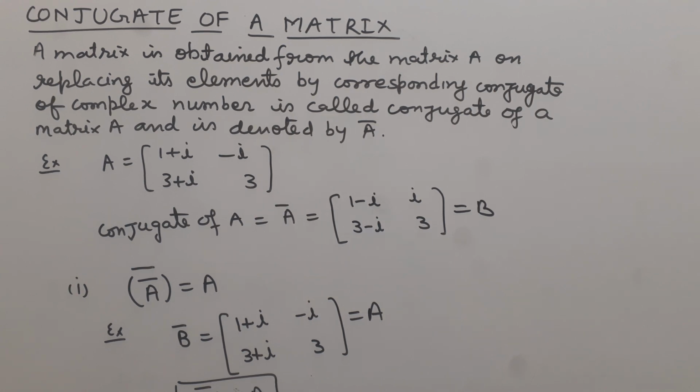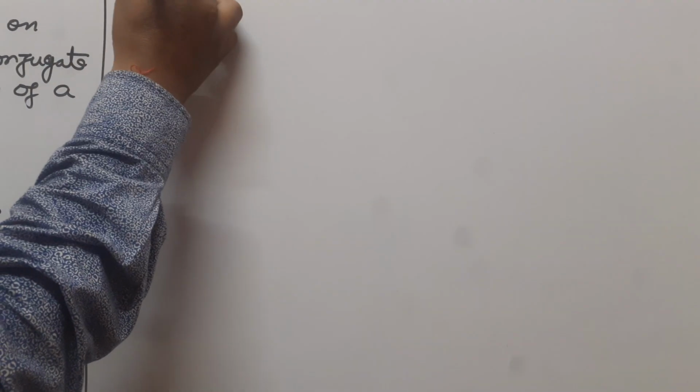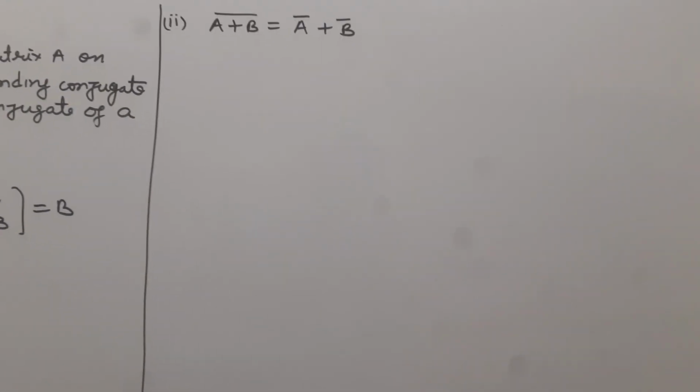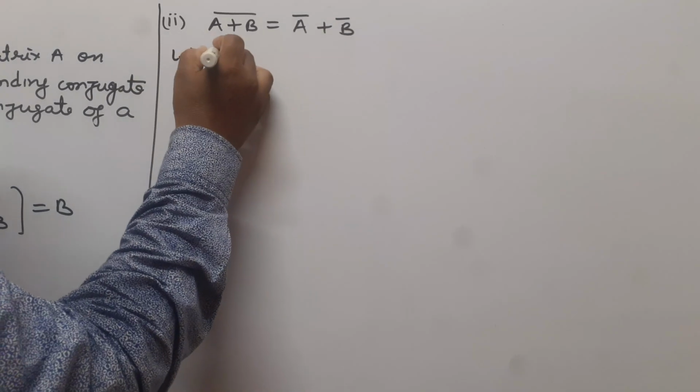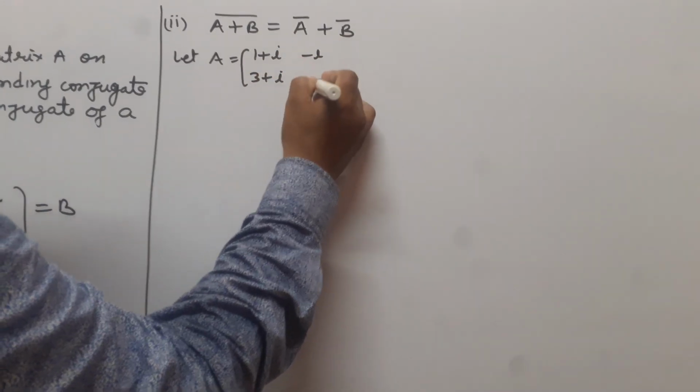Now we learn about some other properties. The second property is: conjugate of A plus B is equal to the sum of the conjugate of A and the conjugate of B. Let A be the given matrix 1 plus i, 3 plus i, minus i and 3.